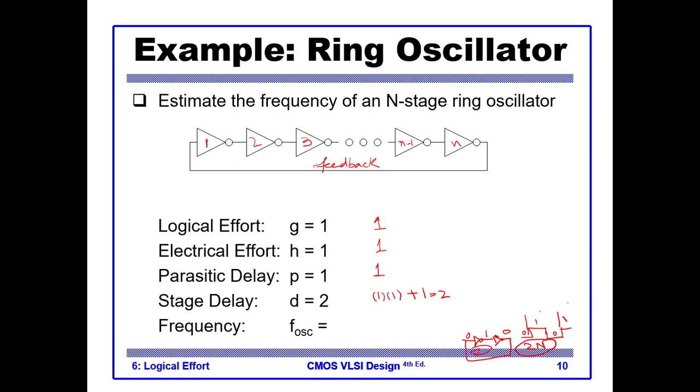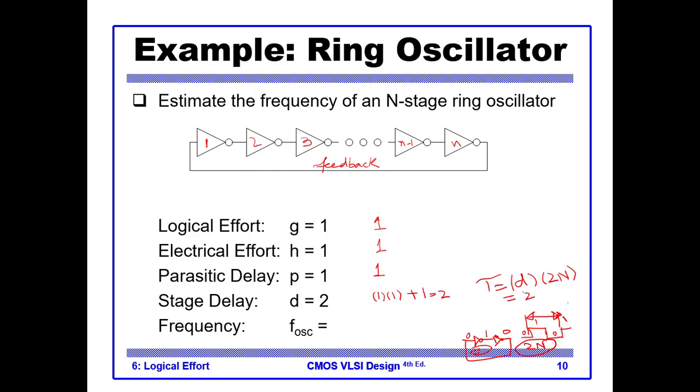So if we want to measure the period, it is from here to here. So it requires 2n iterations. So we can say that our time period is basically d, which is our stage delay, into 2n.